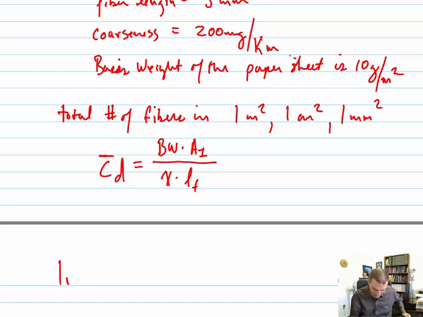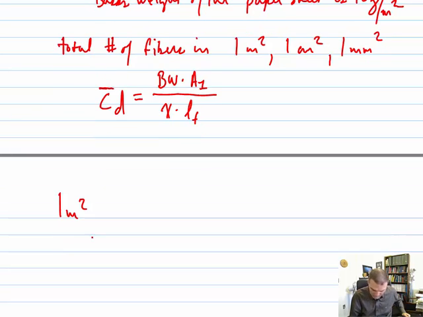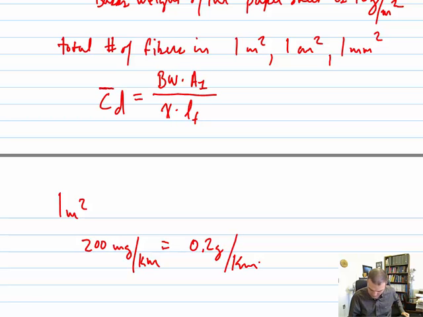So let's say for a 1 meter squared area. This is going to be fairly straightforward here. Before we get into any of this, it's always a good idea to put everything in a common set of units. So 200 milligrams per kilometer would be equal to 0.2 grams per kilometer, which would be equal to 0.2 times 10 to the minus 3 grams per meter.